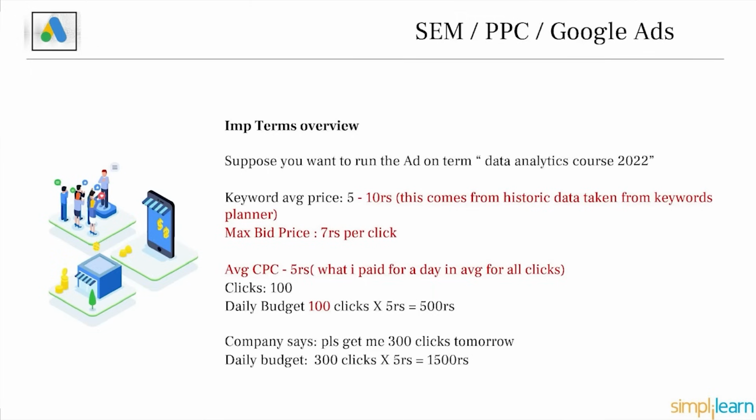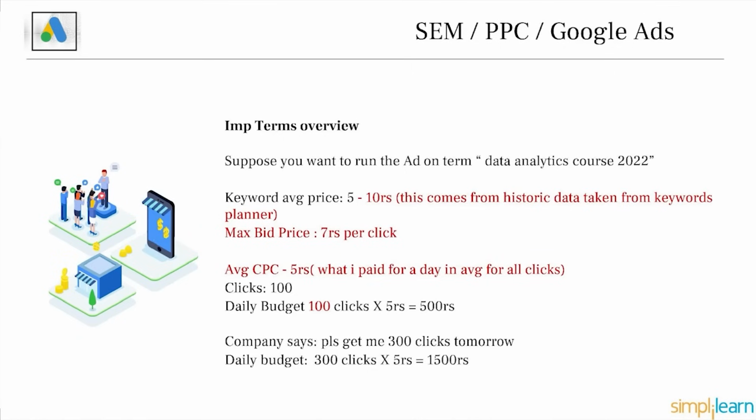So I bid 7, but by seeing different factors like the competition, the demand, how many times the ads got clicked, and what position my ad was shown in, I ended up paying 5 rupees for every click by the end of the day.